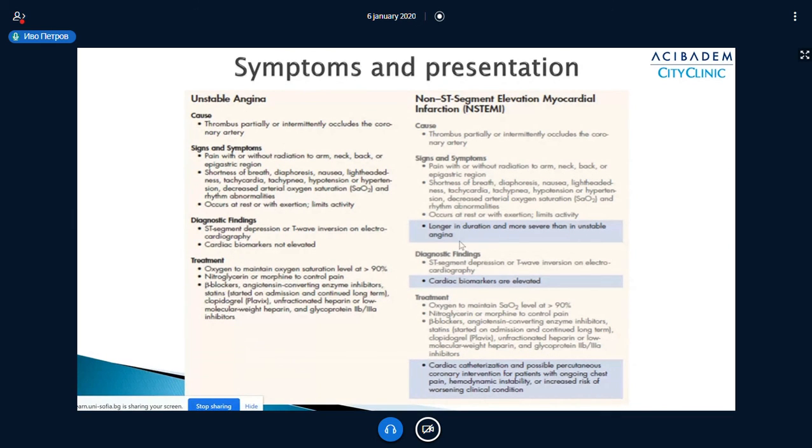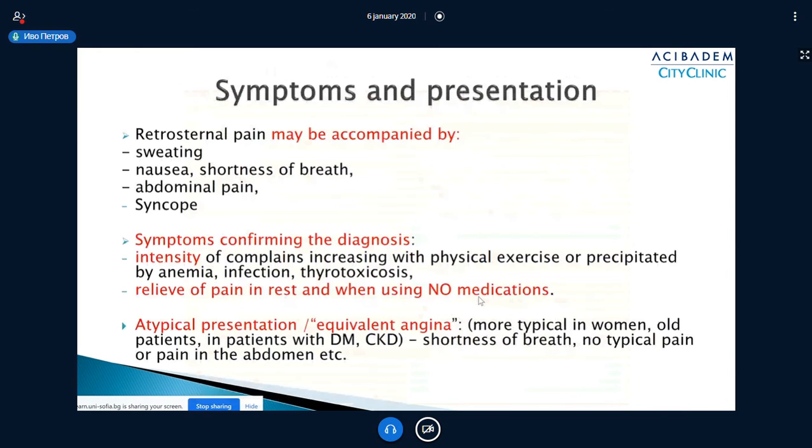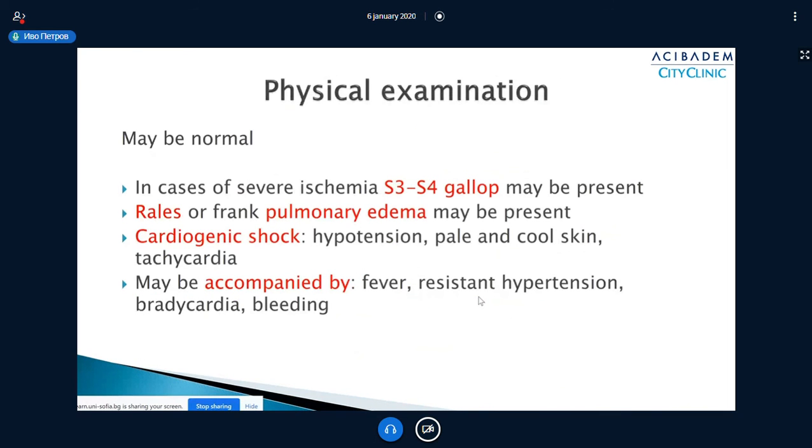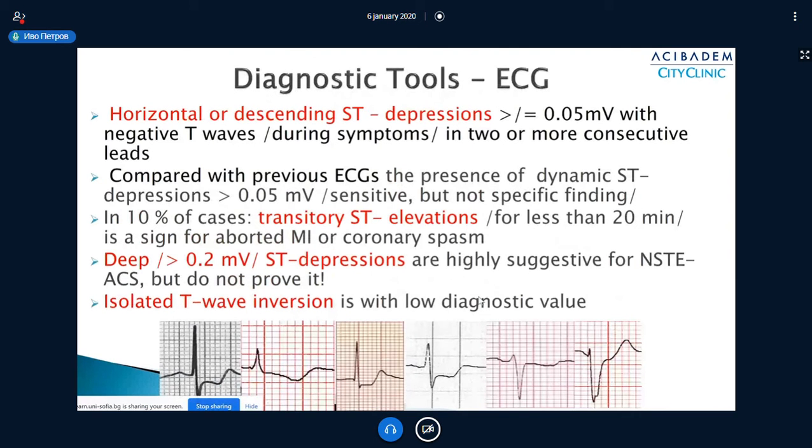But in case the patient has wall motion abnormalities, increased laboratory test results, signs of heart failure, low arterial pressure, in this situation we have a patient with high risk, and because of that we are going to think about revascularization. These are the typical ECG changes for an instability.